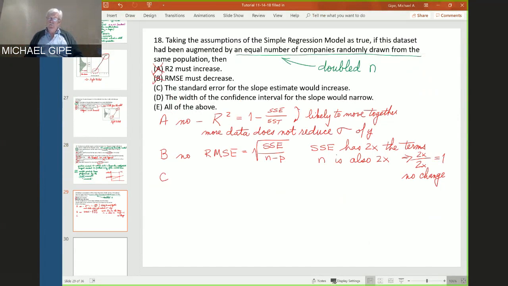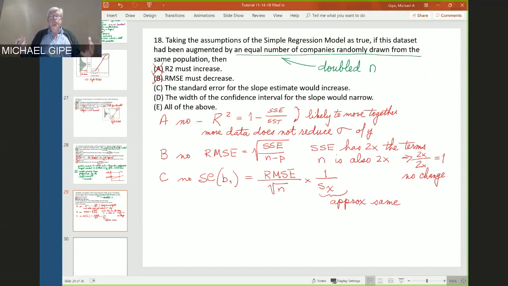How about C? The standard error for the slope estimate would increase. Well, that's also not true. Why? The standard error of B1, the slope, is going to be RMSE divided by the square root of n times 1 over the standard deviation of x. This is approximately the same. Remember, you've added more observations from a given distribution.